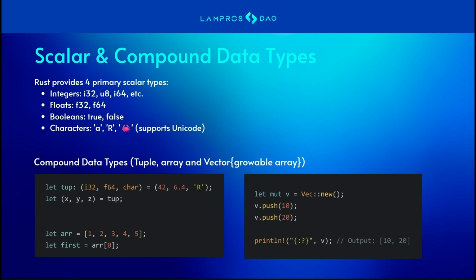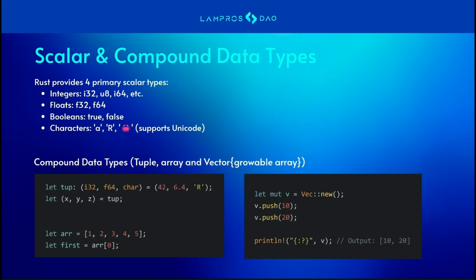N stands for the number of bits. For example, U8 means unsigned integer 8. So 2 raised to the power 8 is 256, minus 1 is 255, so 0 to 2 to the power n minus 1 means you can store numbers from 0 to 255 in the U8 data type.